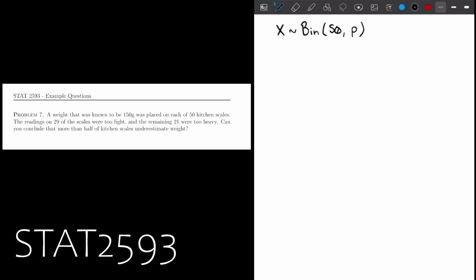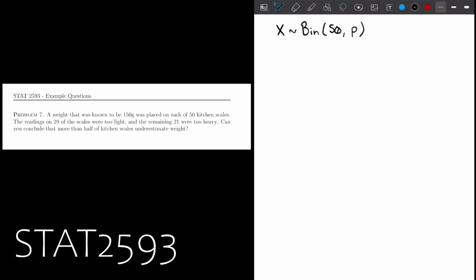Now, if we think about the observed proportion, and we think about which of them are going to be too light versus too heavy, right? We have 21 out of the 50 are going to be too heavy. The remaining 29 out of the 50 are going to be too light, right? And we have to decide which of these we want to actually consider to be the event of interest here. The interesting component that we're thinking about is just that we want to know whether more than half of these kitchen scales are underestimating the weight, right?